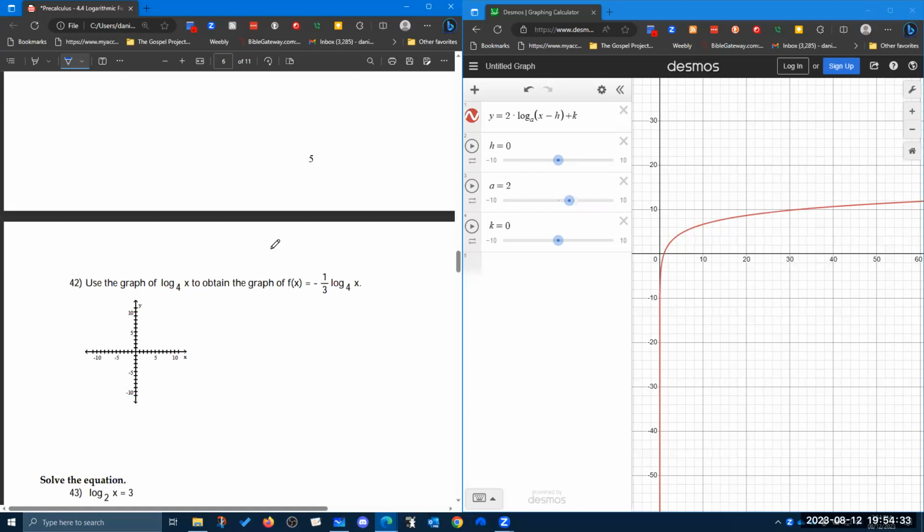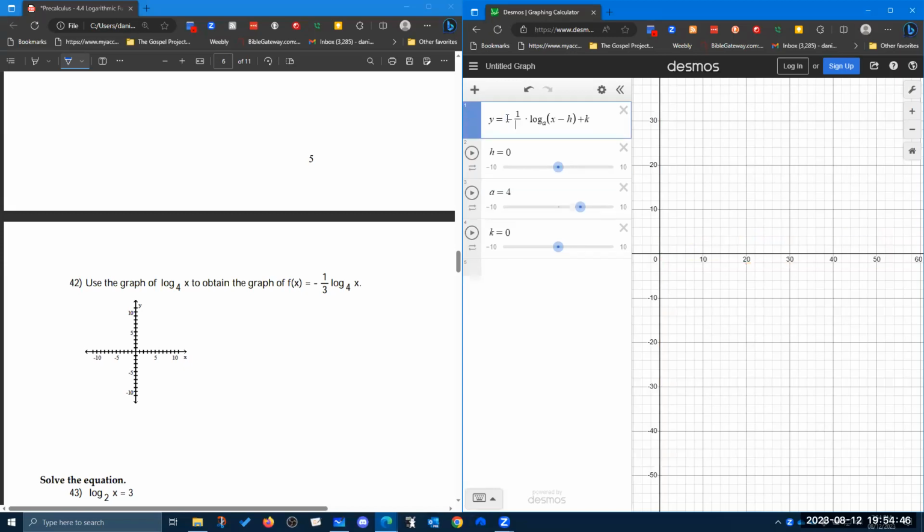Last one for this video before we come back and solve some logarithmic equations next time. We're going to use a base of 4, and we have a multiplier of negative 1/3, with no vertical shift. Log base 4 of 1 is 0, so we have a (1, 0) still.